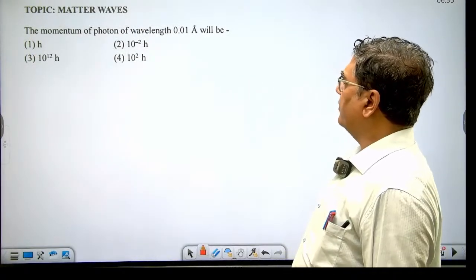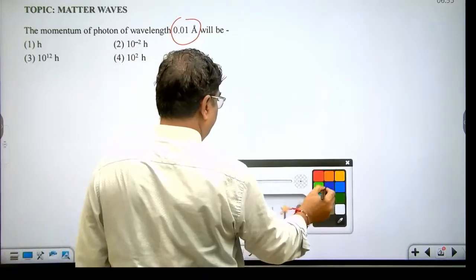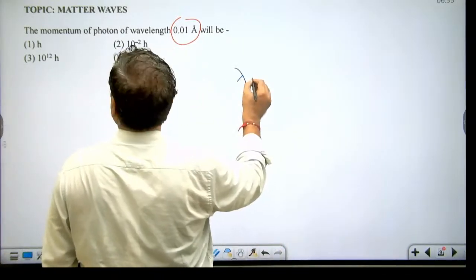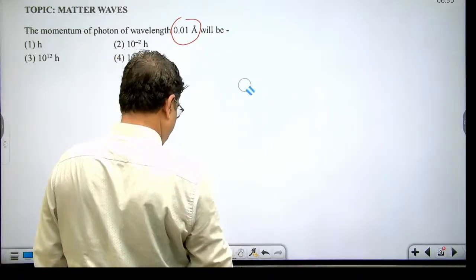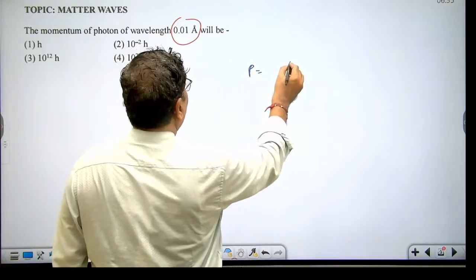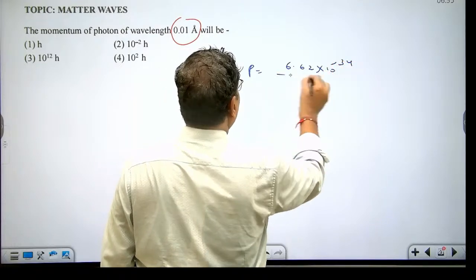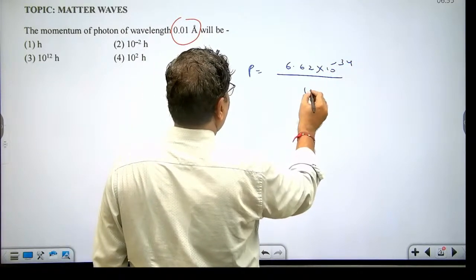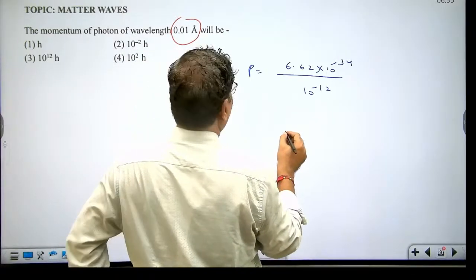The momentum of a photon of wavelength 0.01 angstrom will be p equal to h upon lambda. h is 6.62 into 10 power minus 34. Lambda is 0.01 angstrom, means 10 power minus 12 meter, because 1 angstrom equal to 10 power minus 10 meter.